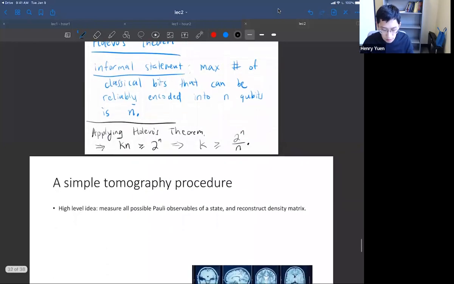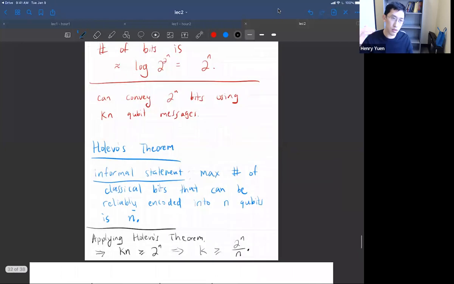Next time we'll talk about different tomography procedures. I'll talk about a really simple one that gets really bad bounds, and then another one that gets better bounds, but we still don't know if this lower bound is the best on the number of copies of a state you need to obtain its classical description.